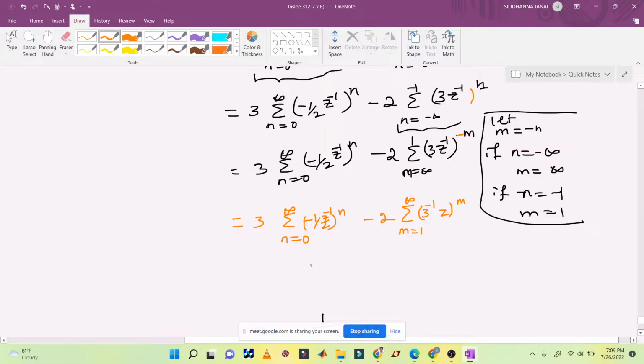Now we can write this whole thing as minus 2, summation m equal to 0 to infinity, 3 minus z to the power m minus 1. So this we can write, correct?